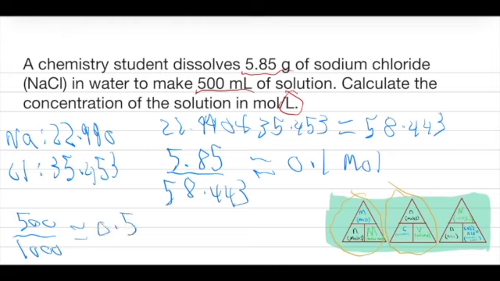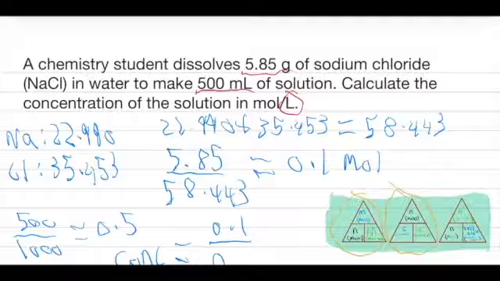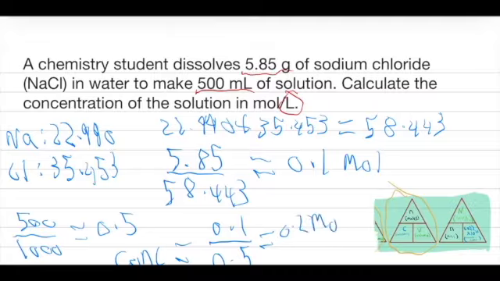Now we're ready to do the final calculation. To find concentration, we do moles divided by volume. So concentration equals 0.1 divided by 0.5, and that gives you 0.2 mole per L. There's your final answer.